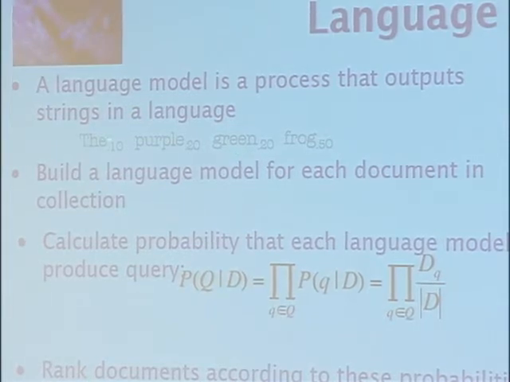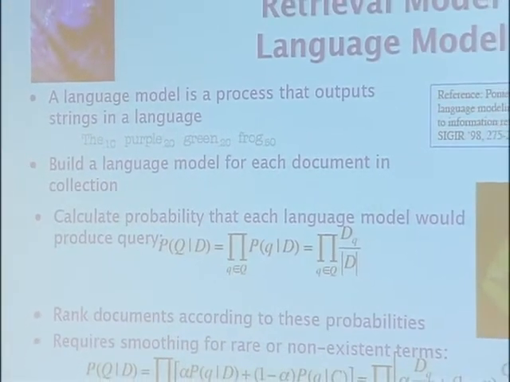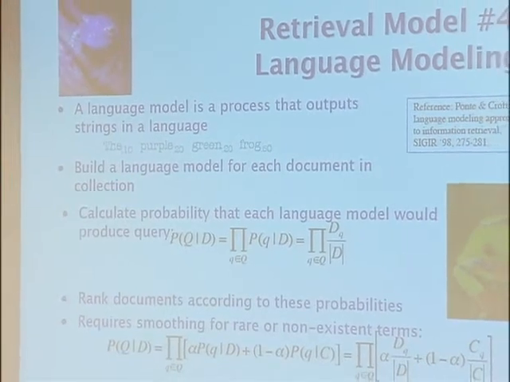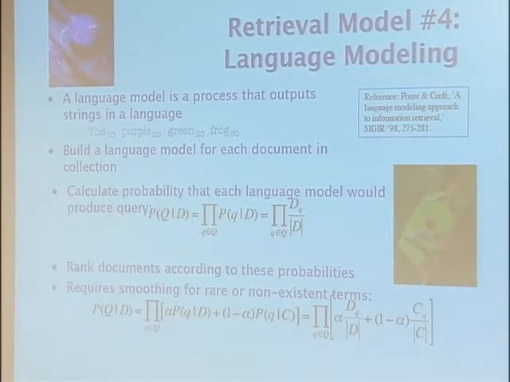For each document, you build a language model, and you do that basically by saying, if this is a document, it's going to generate terms just according to the percentage of the time that term occurs in the document. So you're basically generating according to the maximum likelihood estimate based on the counts in that document.